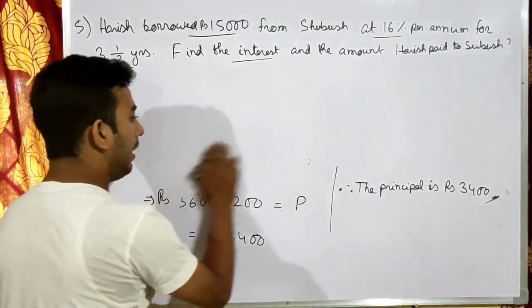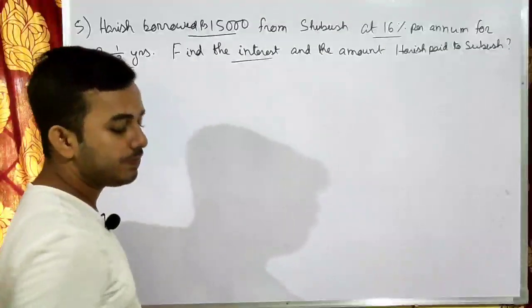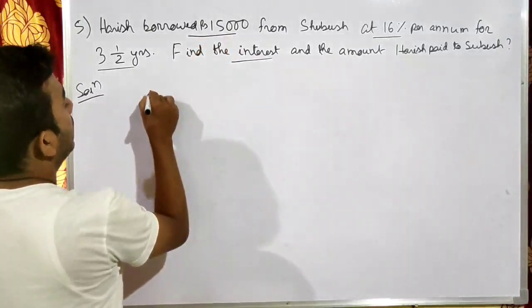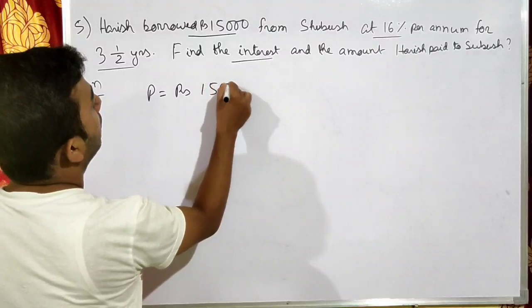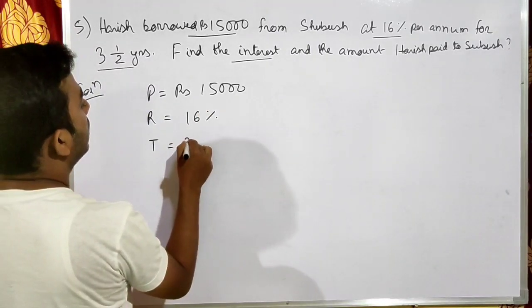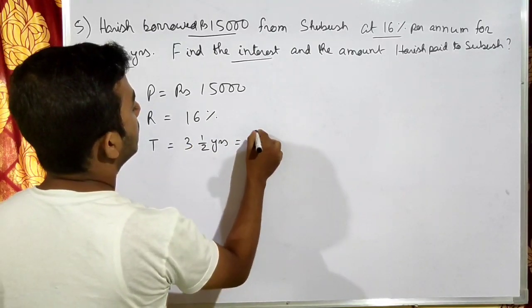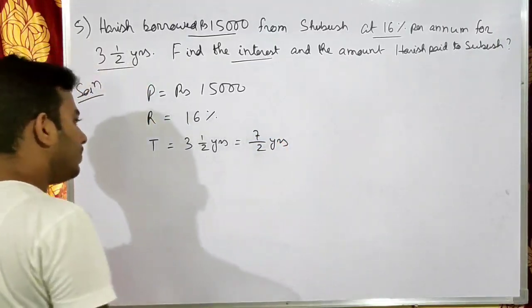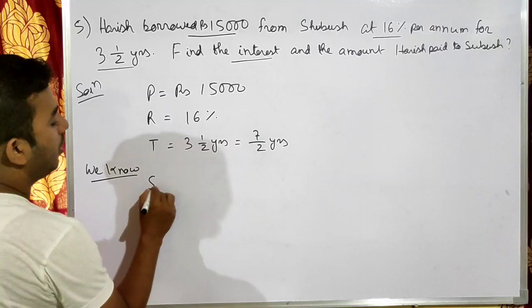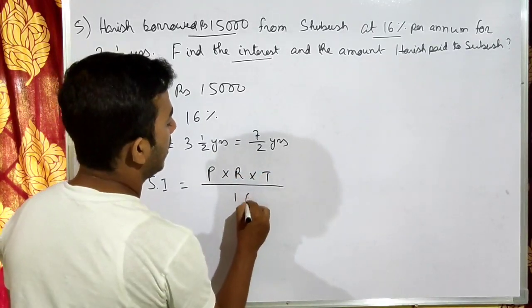So the relation of interest is what? SI equals P into R into T divided by 100, isn't it? Very good. So that's the solution. P equals rupees 15,000. R equals 16%. T equals 3 1/2 years, which is (2 into 3 plus 1) by 2, that is 7/2 years. Up to this, clear? Very good. Now we know SI equals P into R into T divided by 100.